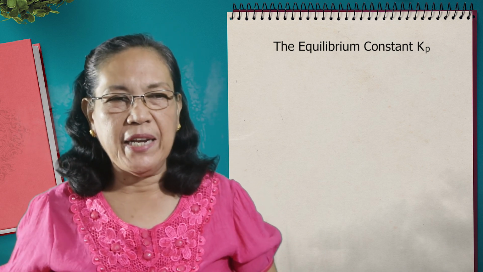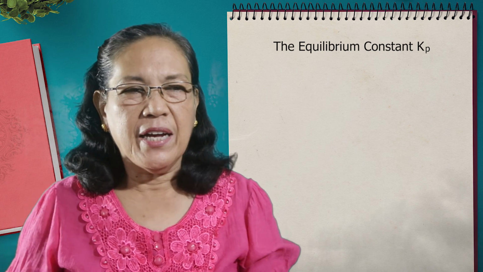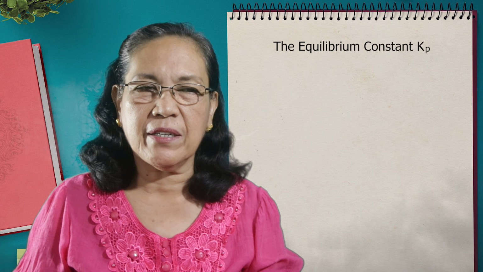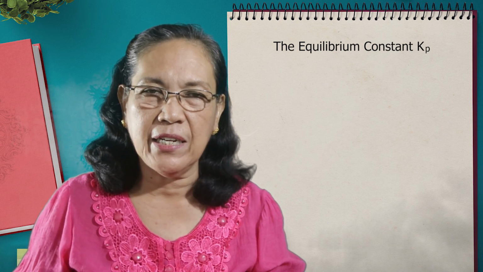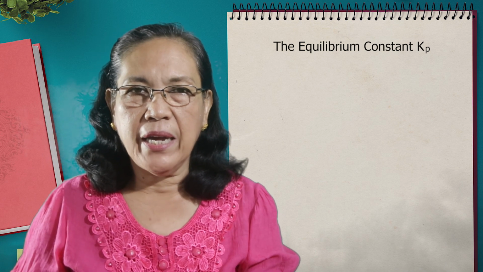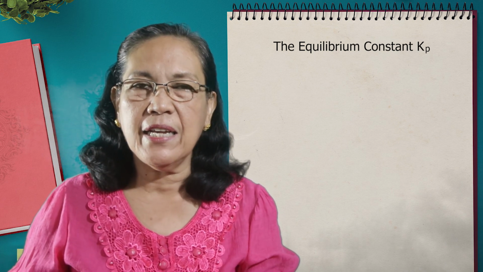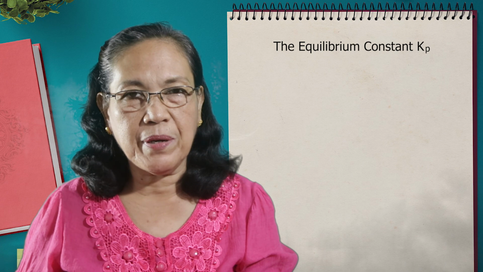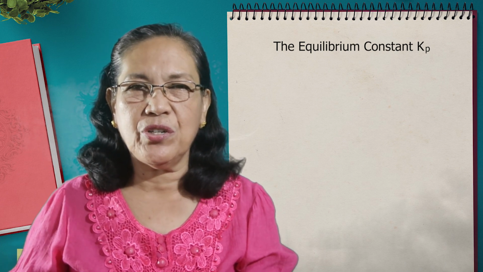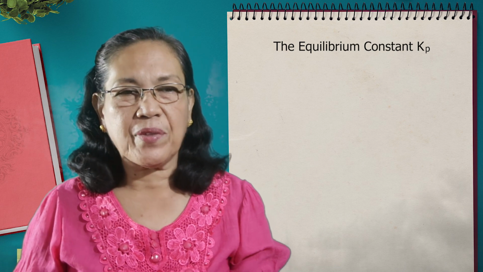The concentration of a gas in moles per liter is equal to n over V. As I said a while ago, n over V is moles per liter, so this can be a concentration of a gas.